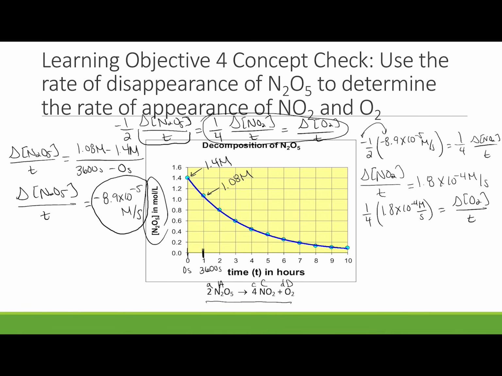So we're going to take that value we just got and divide by 4, and we get a change in O2 concentration over time equal to 4.4 times 10 to the negative 5 molar over seconds, which hopefully makes sense. We're going to produce O2 at 1/4 of the rate that we produce NO2 because there's 4 moles of NO2 produced for every 1 mole of O2.